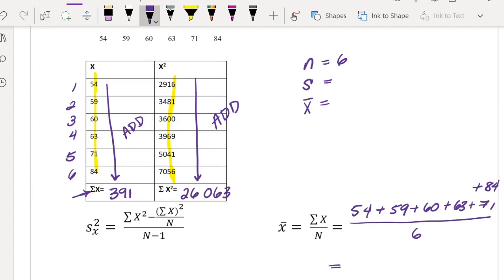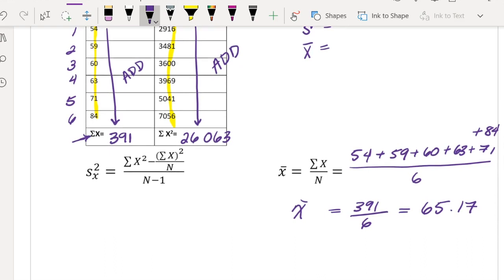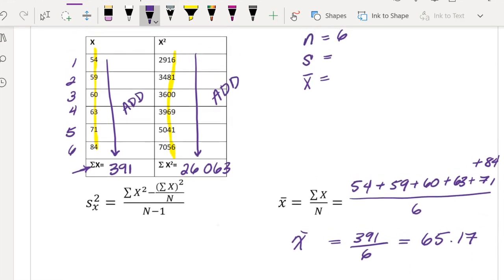Or I could have just done 391 over 6. And my x bar is going to be 65.17. Next, I'm going to find my standard deviation.